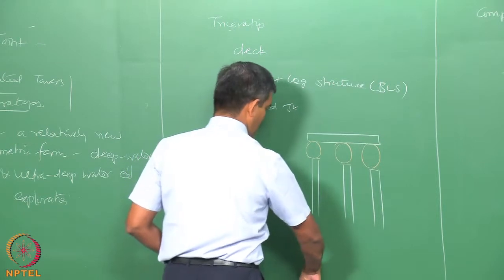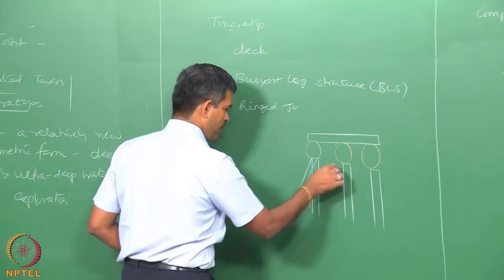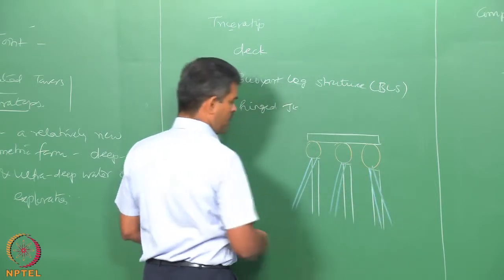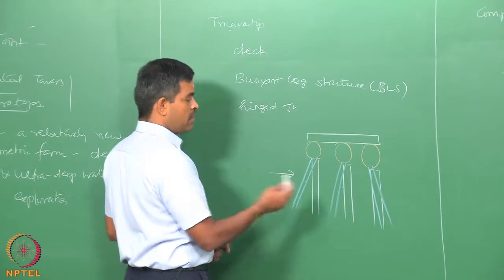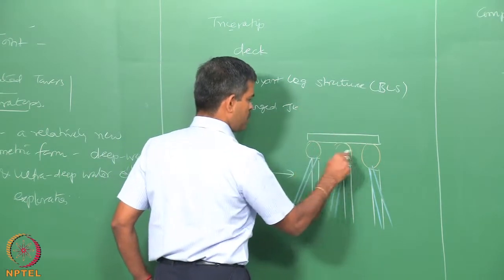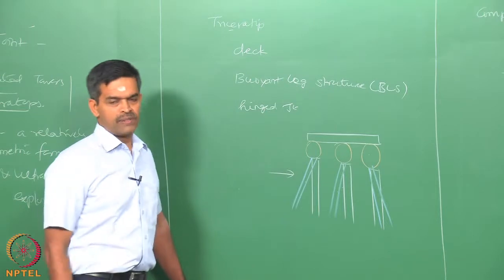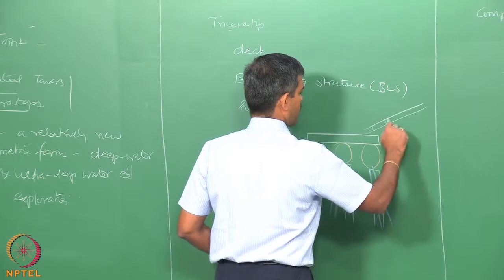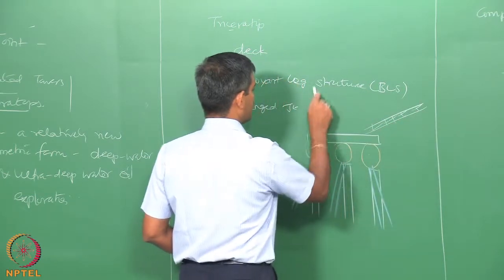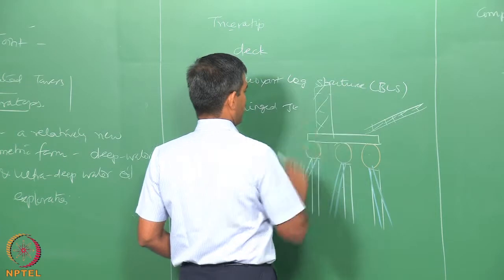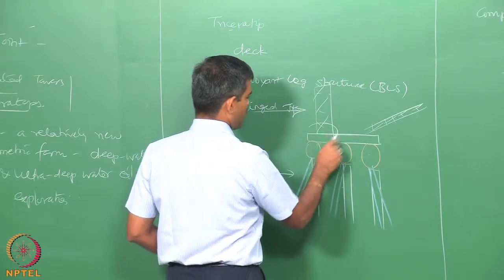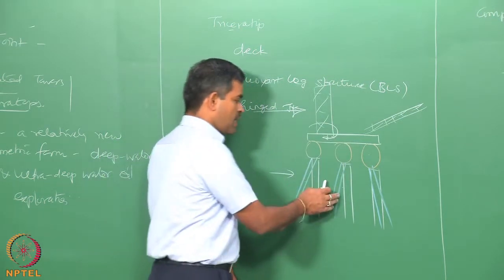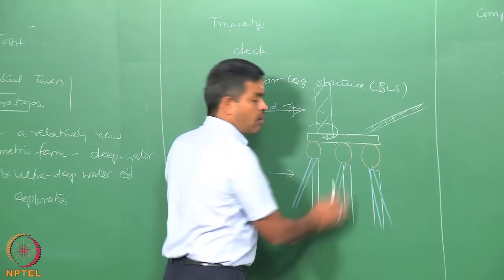So, the BLS can behave independently. The rotations of this BLS under the wave action will not be transferred to the deck, because the hinged joint should be capable of absorbing this. On the other hand, when I have a superstructure, maybe a crane, maybe a drilling derrick, which is subjected to wind loading, which will cause moment about the base here, this moment action will not be expected to be transferred to the BLS. Therefore, these two systems are isolated.